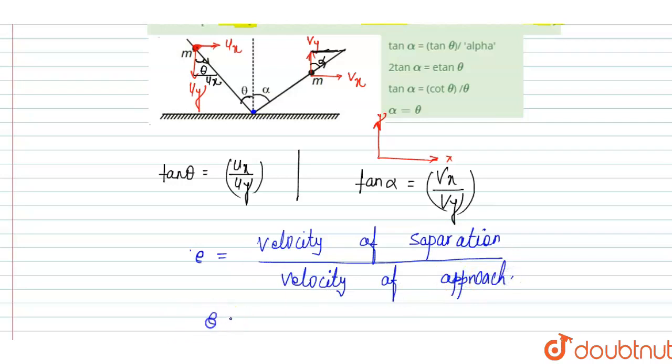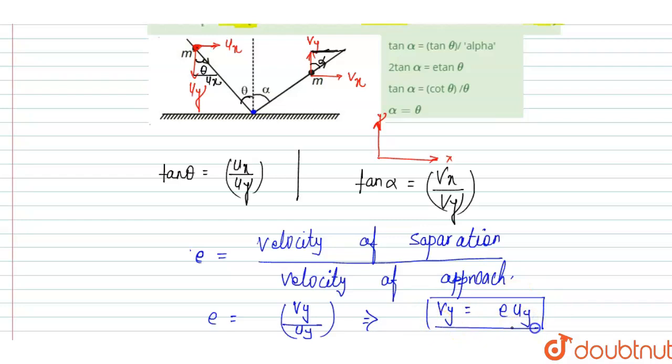That means E is equal to velocity of separation along the y direction, vy, upon velocity of approach along the y direction, uy. That means we can say vy can be written as E into uy.